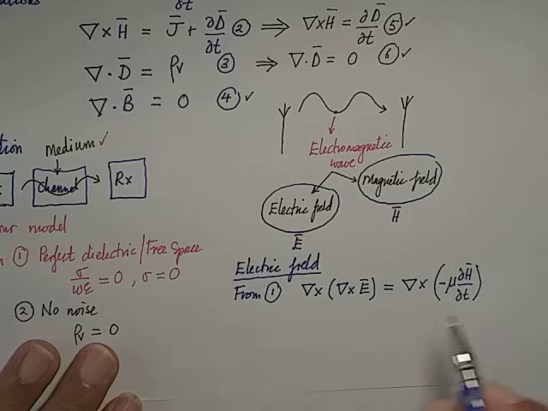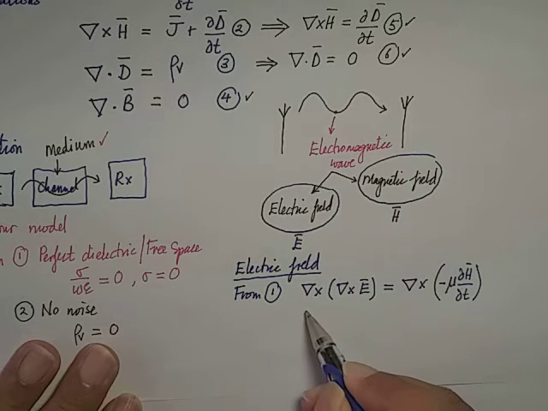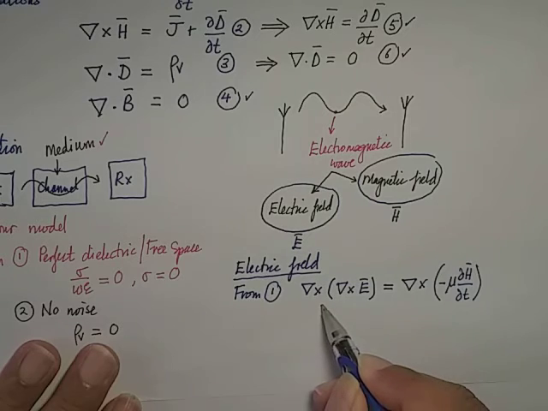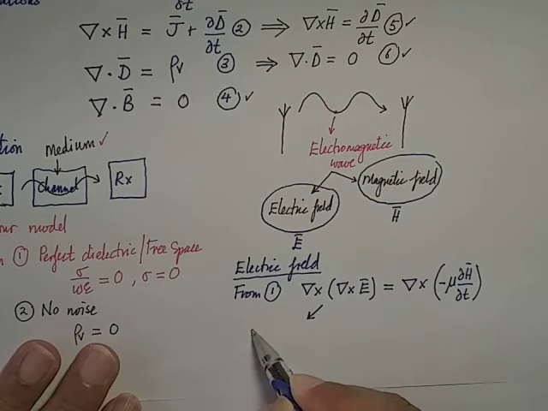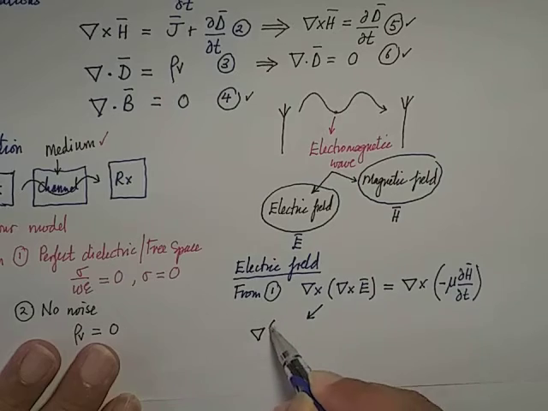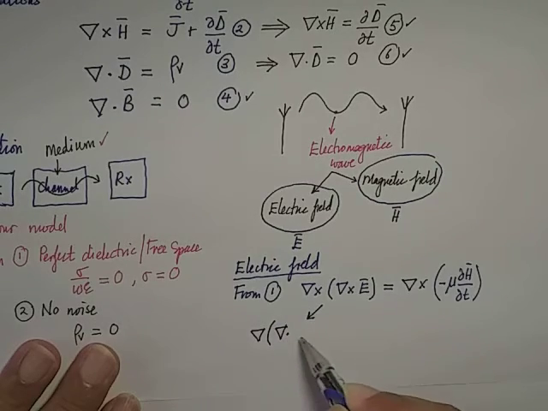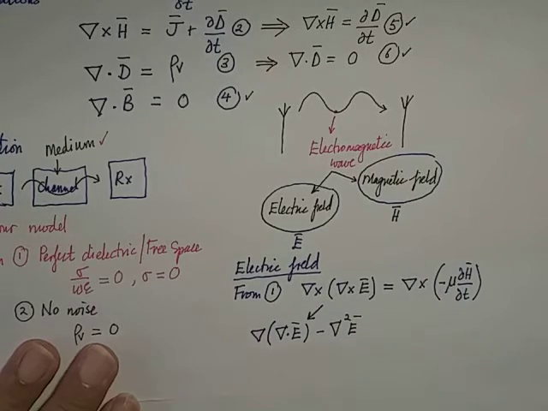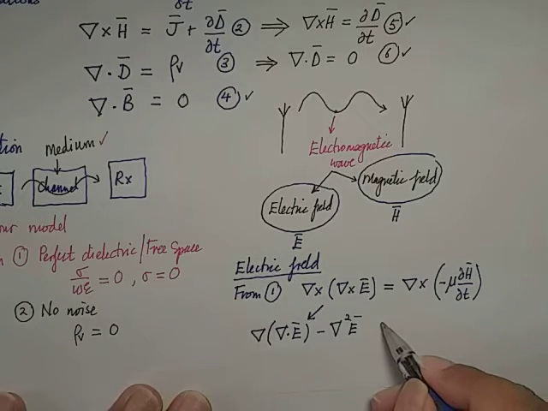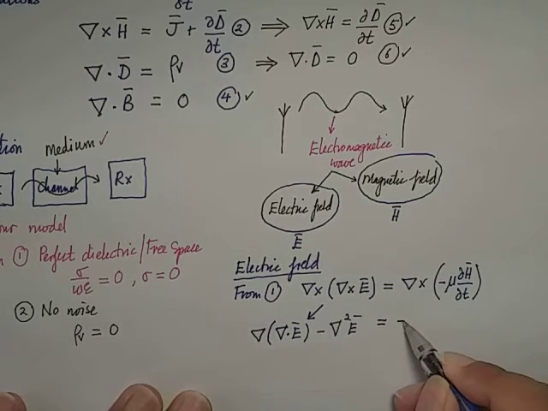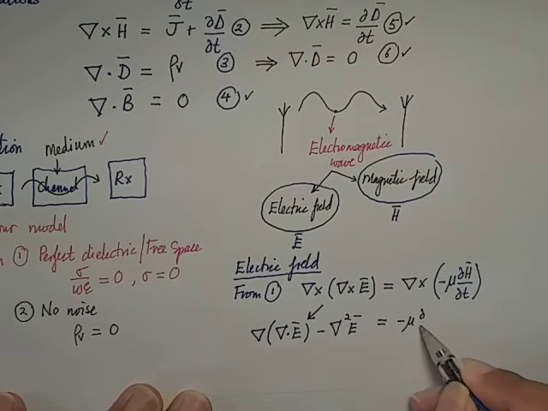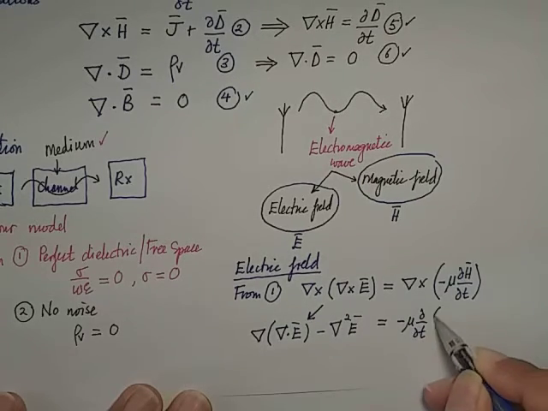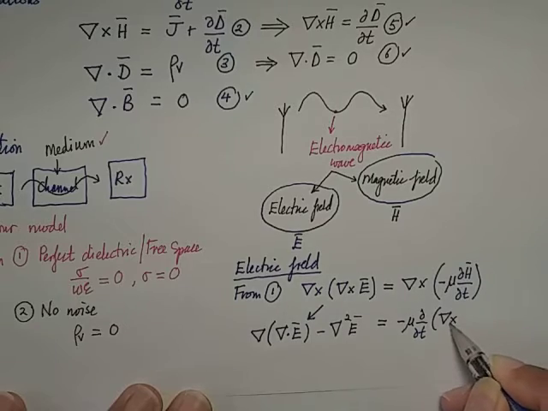The left hand side can be extended to become this equation: grad divergence of E minus del square E. This should be simplified to become minus mu d over dt curl of H.